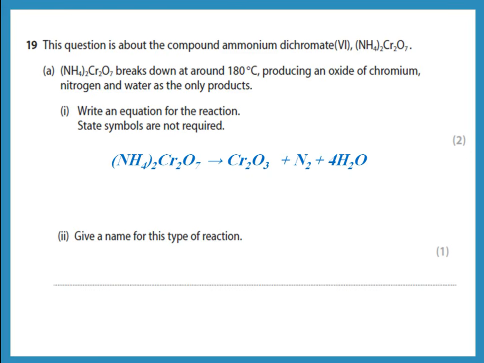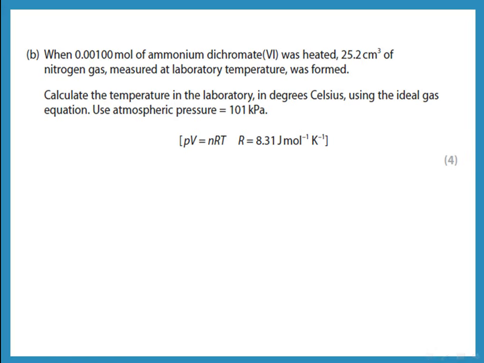So this would be Cr2O3, chromium valency 3, plus nitrogen plus water, and you balance all of this, and this comes out to be the equation. Give the name for this type of reaction. When we heat something and break it up, this is called thermal decomposition.